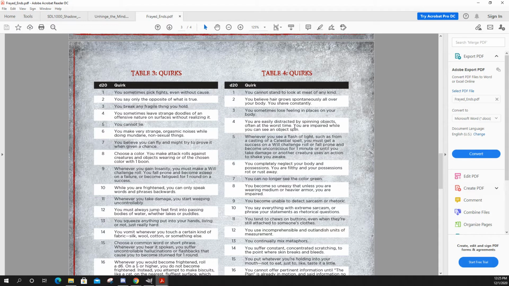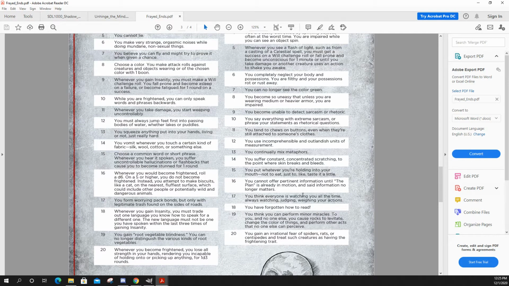So let's say I rolled a 4 for my table and I rolled a 12 for my quirk. The quirk I would get is that you use incomprehensible and outlandish units of measurement. So instead of saying that guy is 1 yard away, you would say that monster is 6.5 googly wops distance from me.